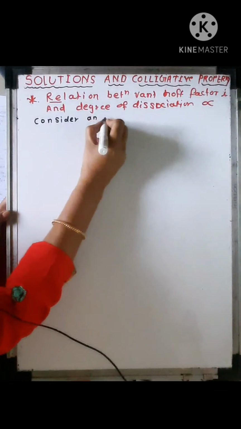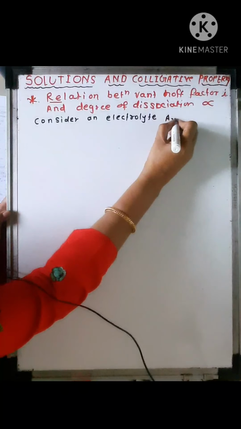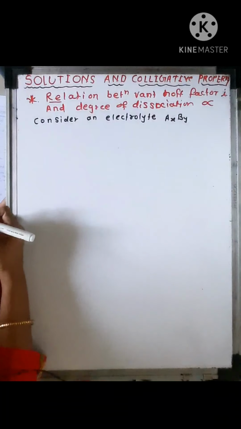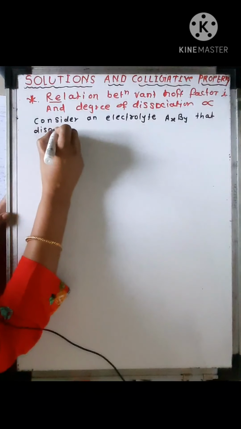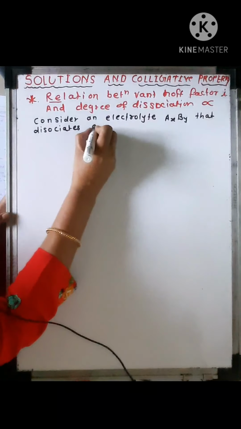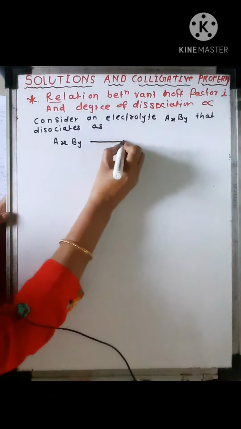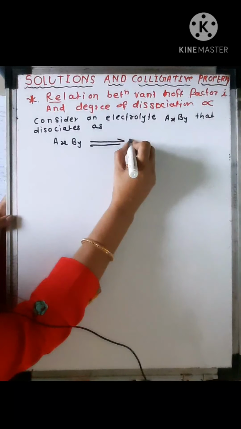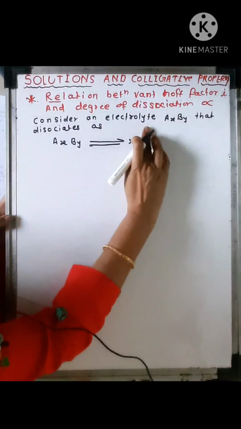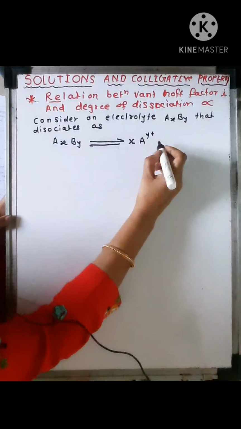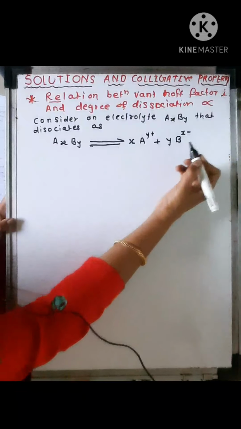Consider an electrolyte AXBY that dissociates into X moles of A raised to Y plus ions and Y moles of B raised to X minus ions.